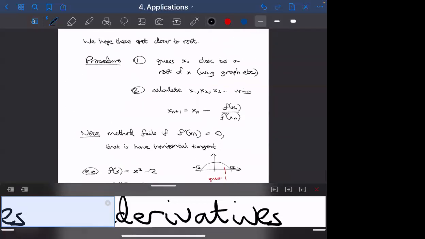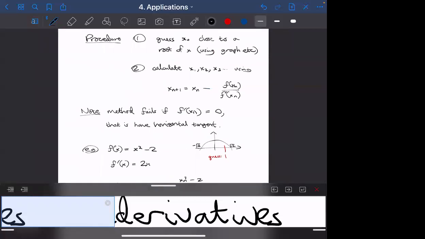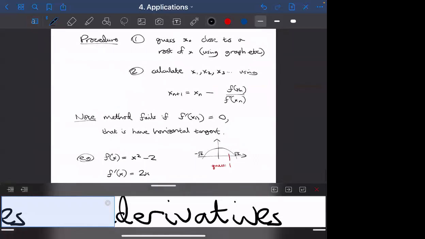Part one of the procedure is just make a guess. The procedure works best if you start very close to the root. But even in the example we did, we're about half away from the root, and still the procedure works very well.